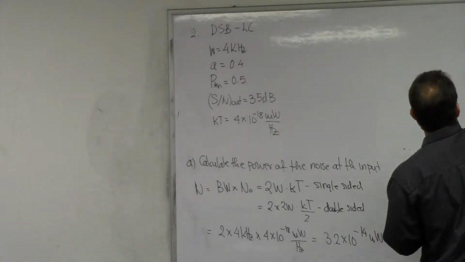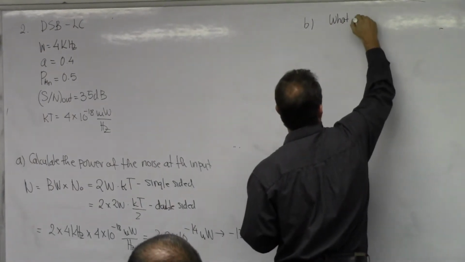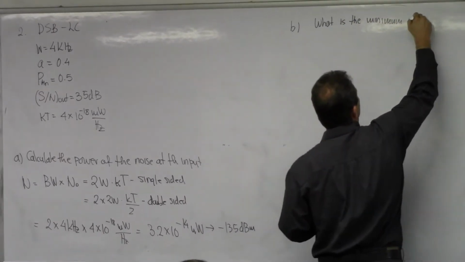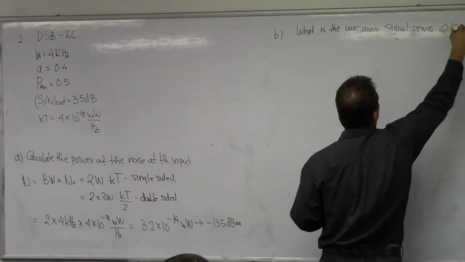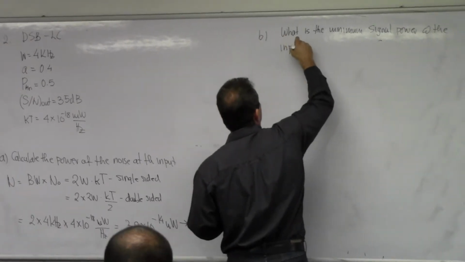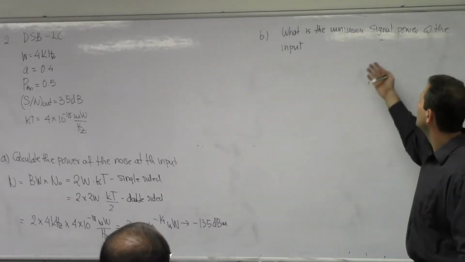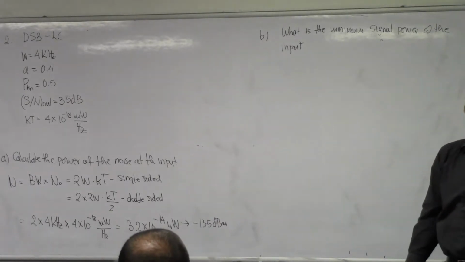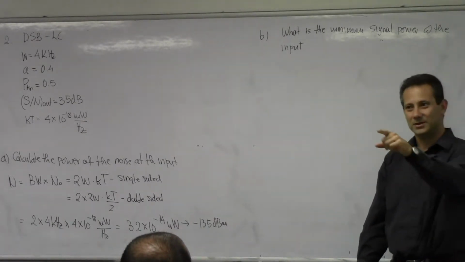What should be the minimum signal power at the input to the receiver? Anybody here from PCS or RF propagation? How do we call this minimum signal power? It's the receiver sensitivity.